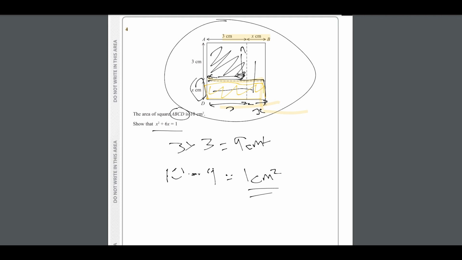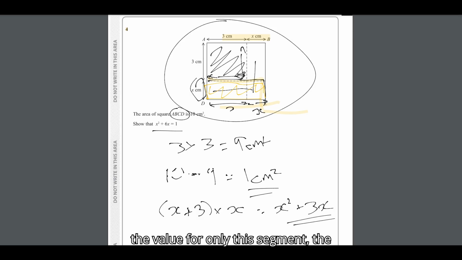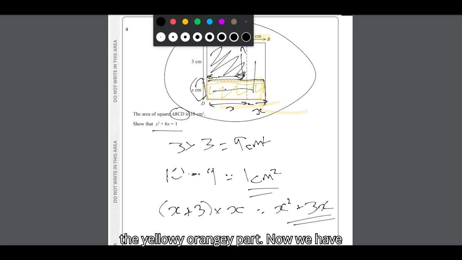So AB is equal to CD. Hence, CD is equal to x plus 3. And we are already given the height, which is x. You multiply that by x, and that gives you x squared plus 3x. And that's the value for only this segment, the yellowy orangey part.